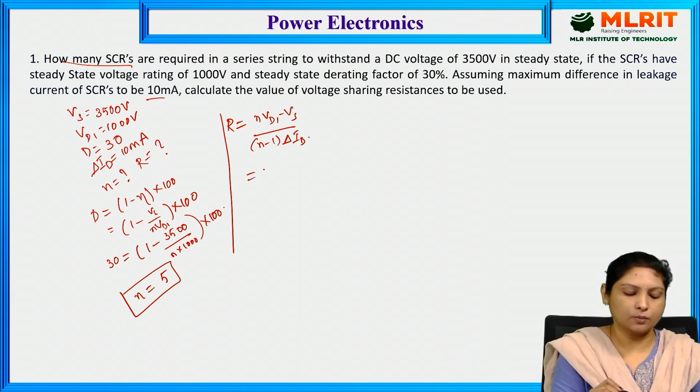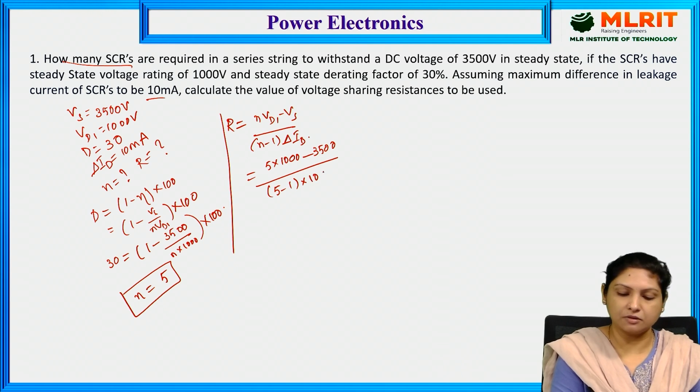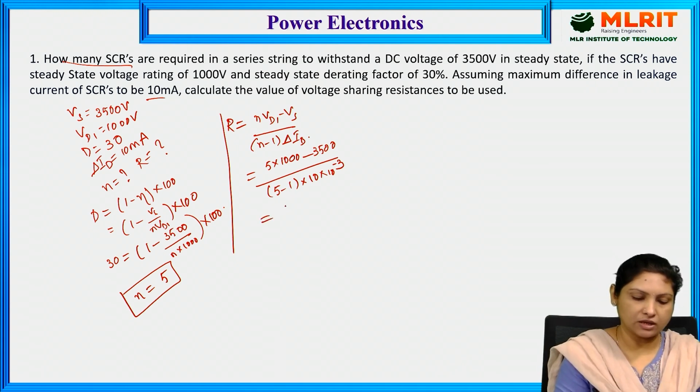Here, the number of SCRs is 5, VD1 is 1000, Vs, the string voltage, is 3500, divided by N minus 1, that is 4, into delta ID, which is 10 into 10 to the power minus 3. We get the R value as 37.5 kilo ohms.